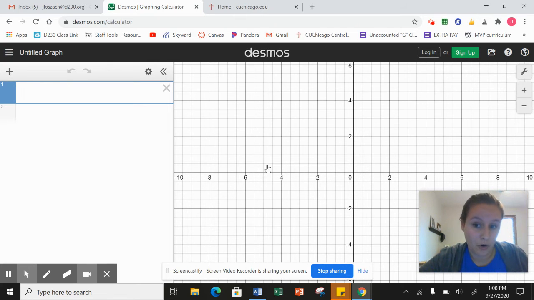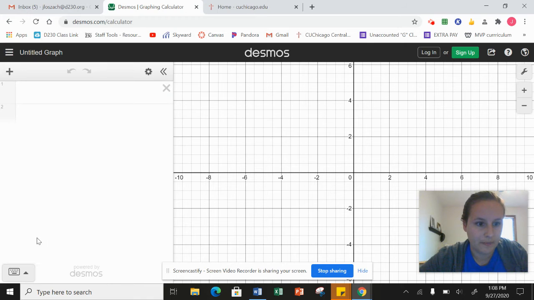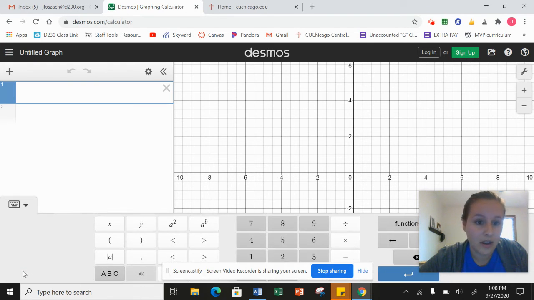So for example, question 4 on your quiz says, will the graph of y equals 3(x plus 1) squared minus 5 be wider or skinnier than the graph of y equals x squared? Well, if you don't know that, then you can just use this and plug in both of the equations. You're just going to plug it in like you see it. In the corner, there's a keypad that'll help you with squared and stuff.